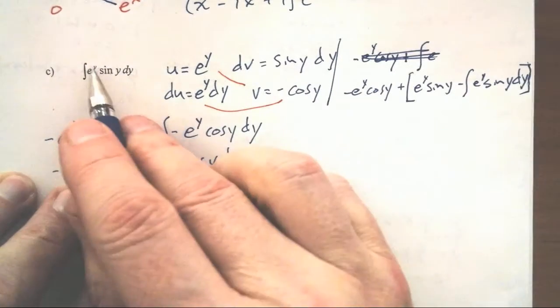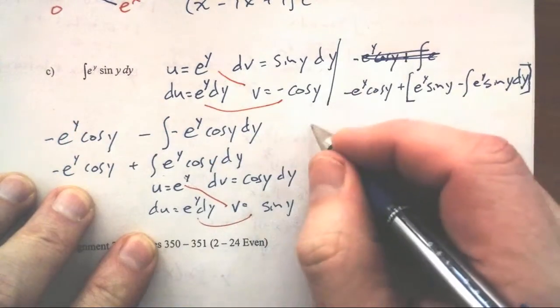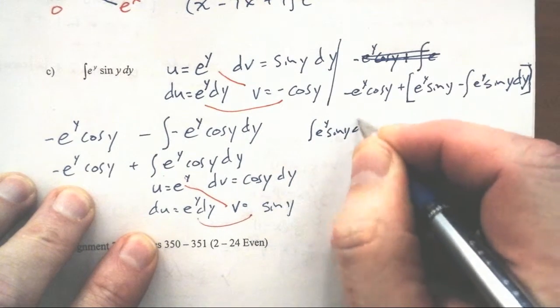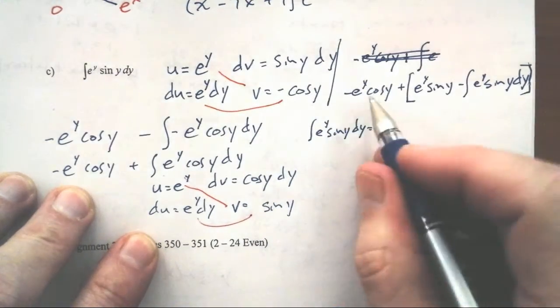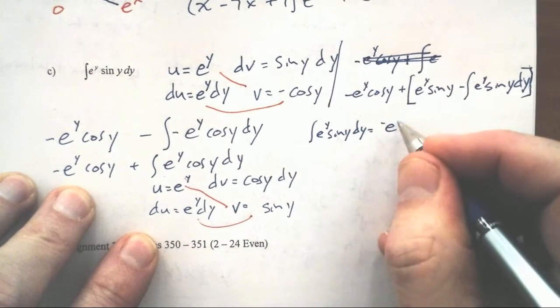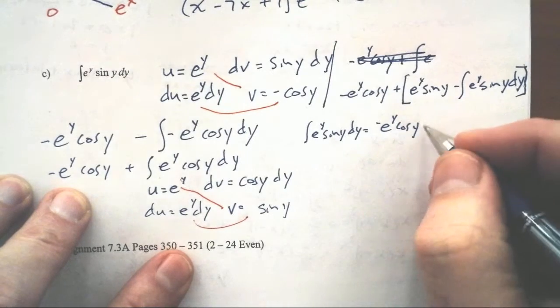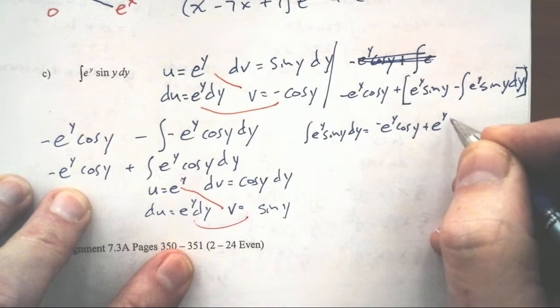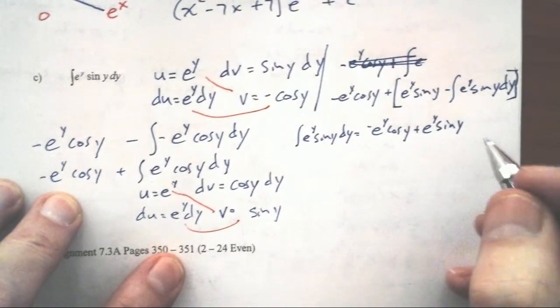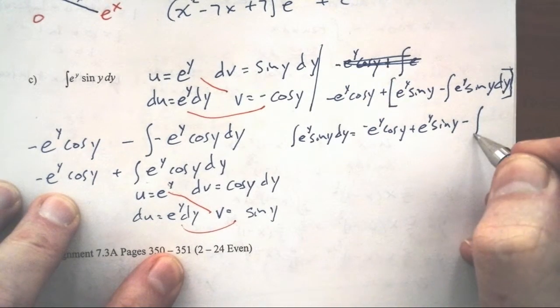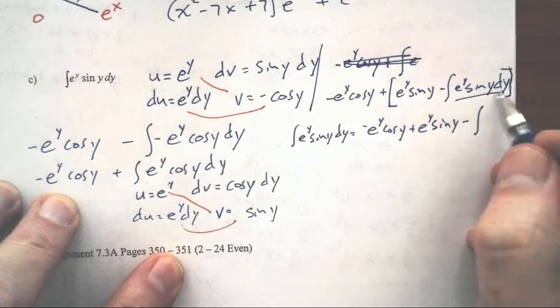Right now, I'm solving for this function. I've got the integral of e to the y sine y dy equals negative e to the y cosine y plus e to the y sine y, and then minus my integral right here, which is this guy.